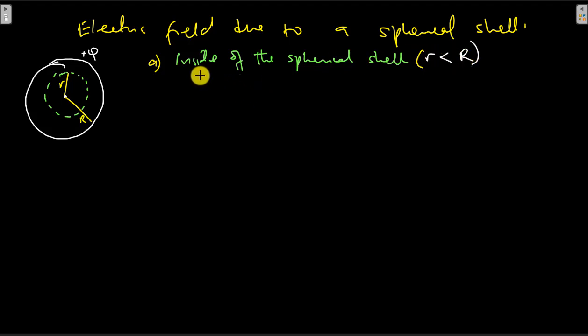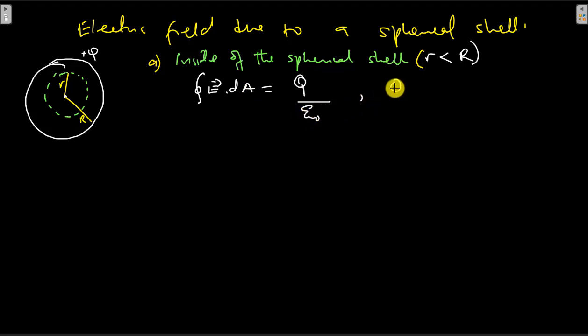We know by Gauss's law that the integral over a closed surface of E dot dA is given by the total charge enclosed in the surface of area A divided by epsilon naught.